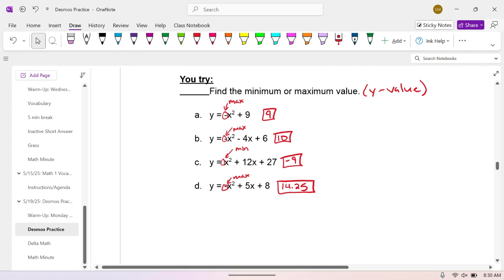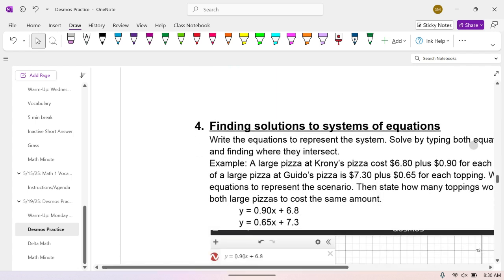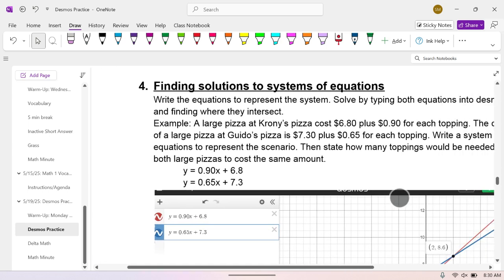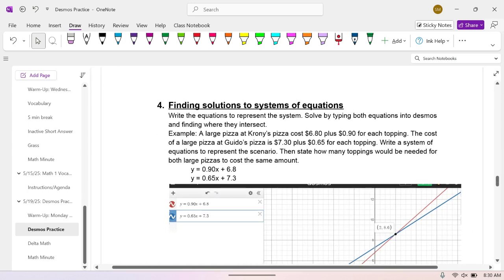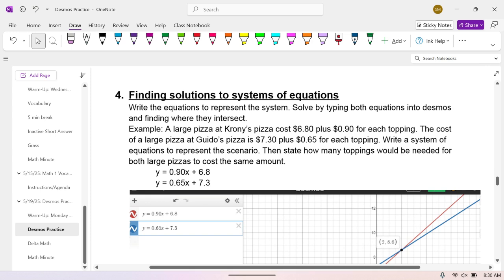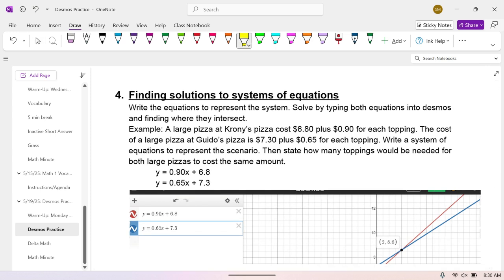Now, the next part you should be very familiar with, which is finding solutions to systems of equations. So, guys, in the inactive section, you got to know how to solve it by hand. But if you are given a system of equations in the active section, you should automatically put it into Desmos.